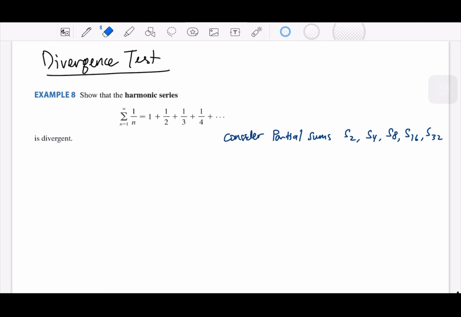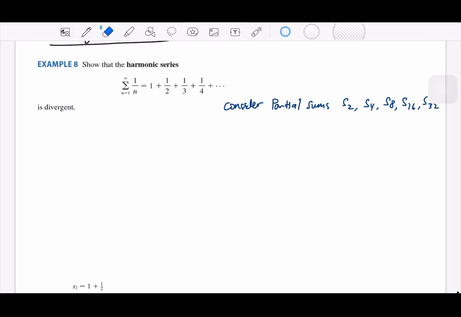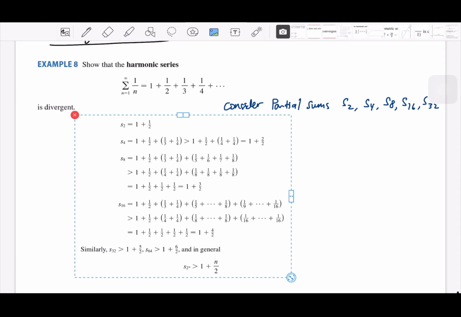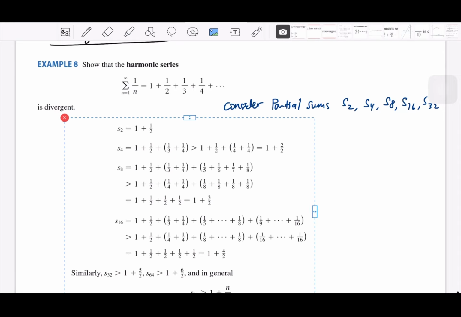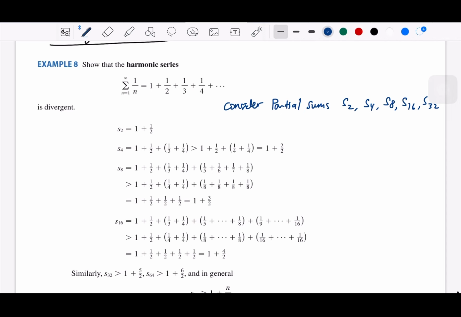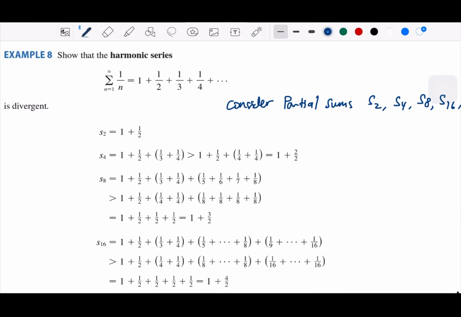Because when we group all the numbers together, we can see how it looks later. This is in your textbook, on example 8, if you have the textbook. So let's say we define all the terms, especially for S2, S4, S8, and so on. S2 is 1 plus half from the harmonic series, and S4 is 1 plus half plus 1 over 3 plus 1 over 4.